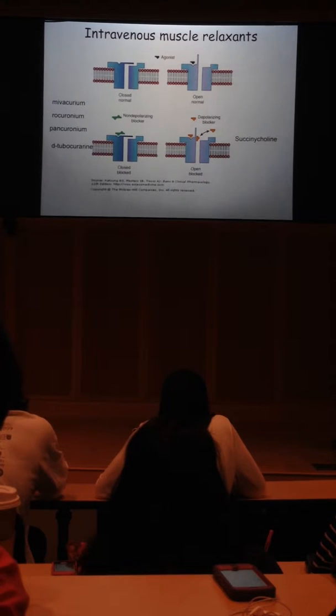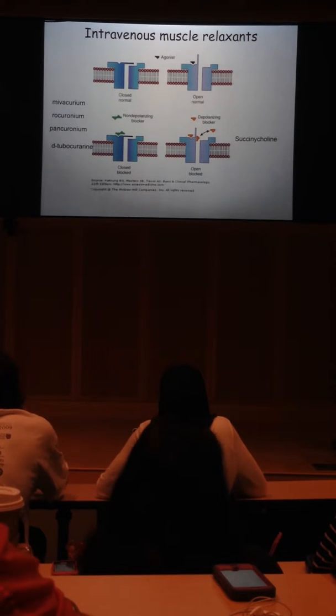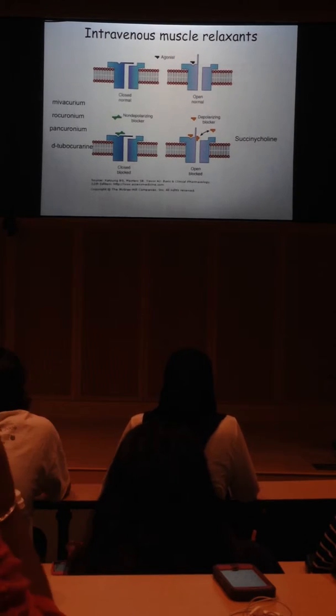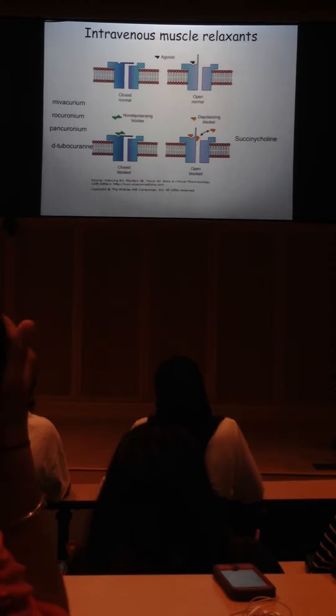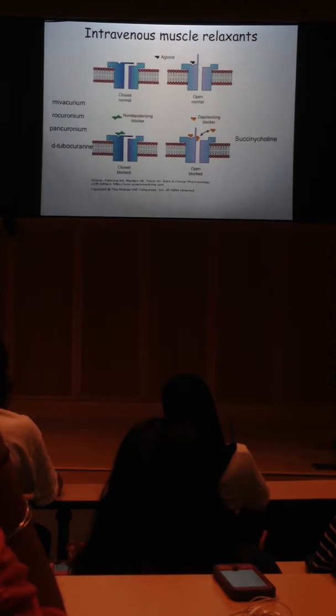That's why it's called a depolarizing blocker, because it induces an initial depolarization. You activate it a bit, and then it shuts down. Those are the two major classes, and the combination of them is used in the clinics. But the main thing I want to highlight is that because we know what receptor we have, we know how the skeletal muscle works, you can design different drugs that will shut down different things.